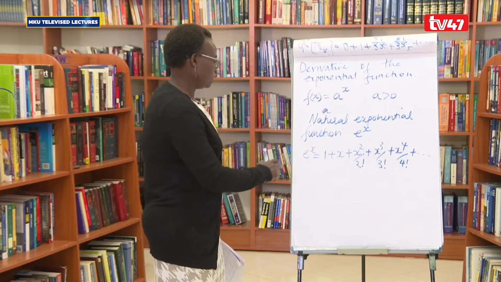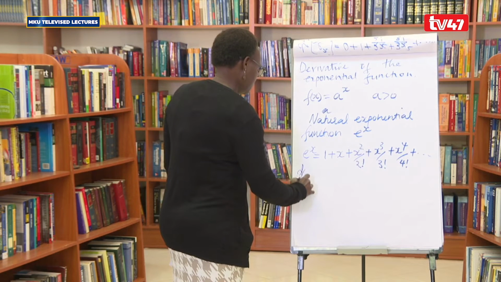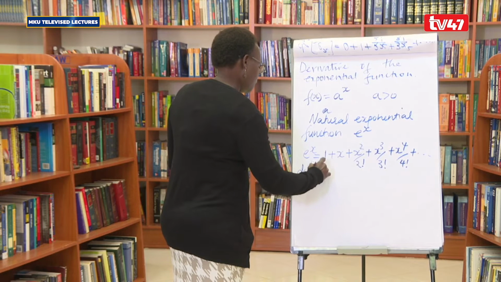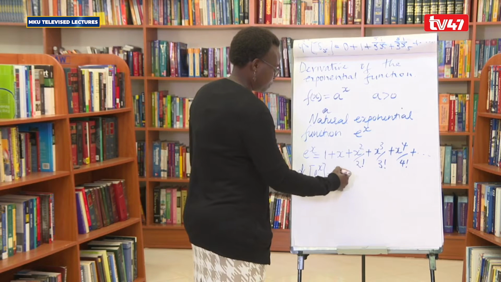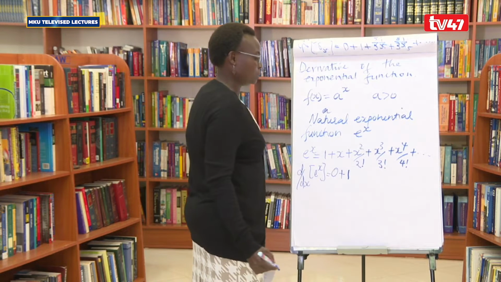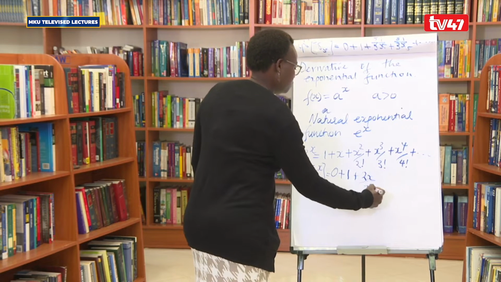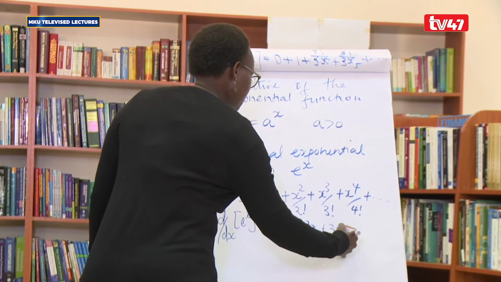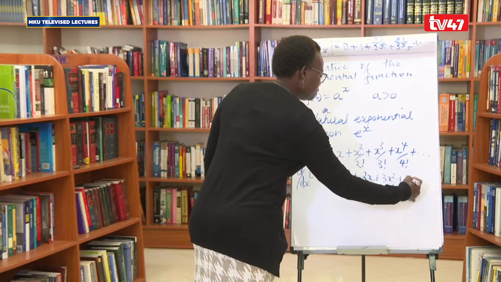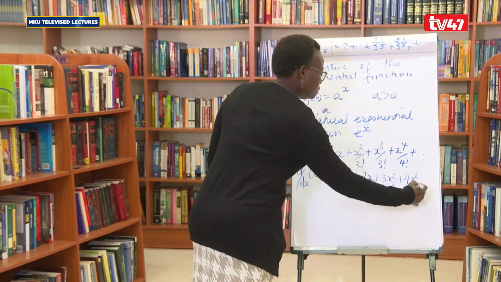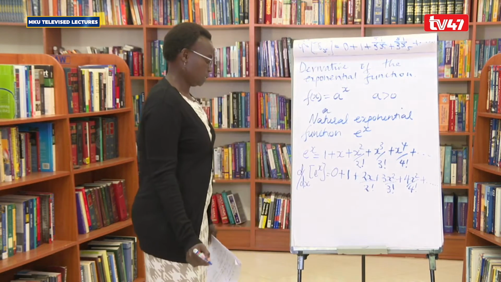So if we are looking for the derivative of this function, that would imply that we are getting the derivative of e to the x, and the derivative of 1 will be 0. The derivative of x is going to be 1. This will give us 2x over 2 factorial, plus this will give us 3x squared over 3 factorial plus 4x cubed over 4 factorial, and this is continuous.